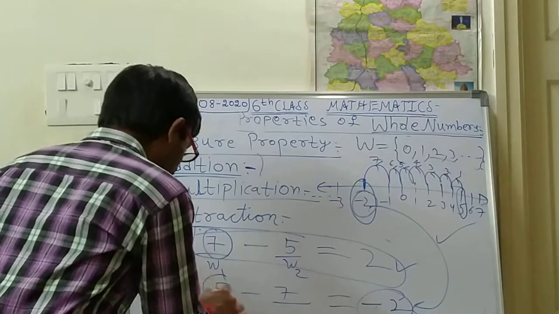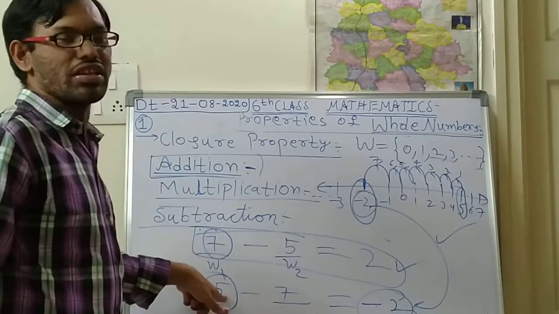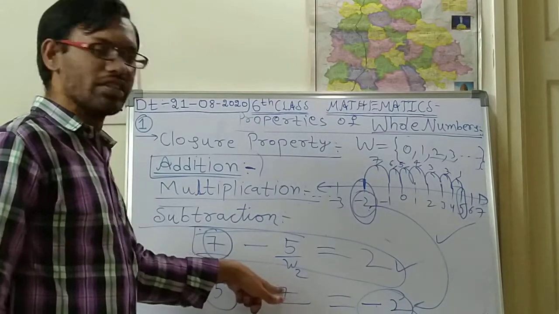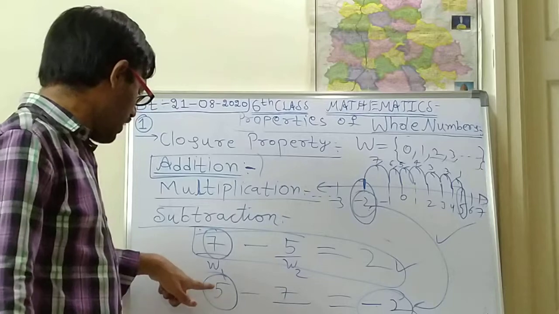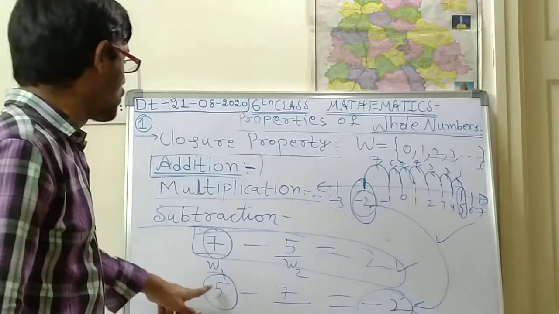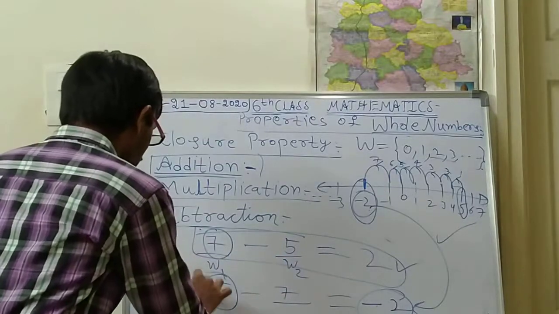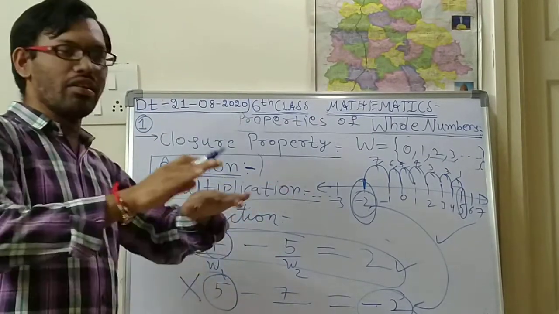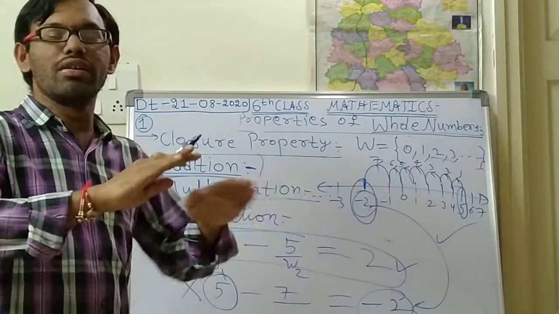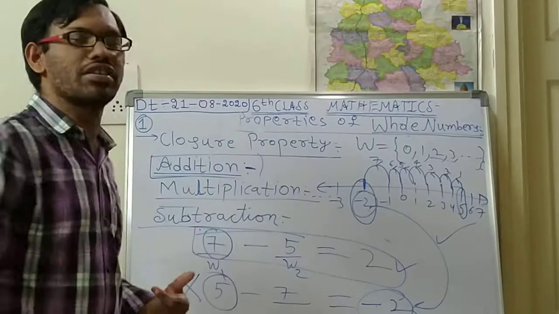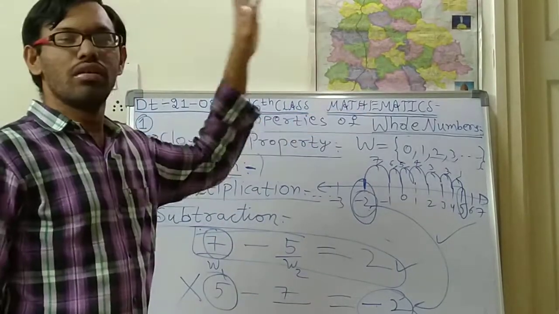But if we take a small number as the first number, like 5 and 7, where 5 is small and 7 is greater, then the property won't be satisfied. So there will be 50-50 chances of satisfying the subtraction property under whole numbers.